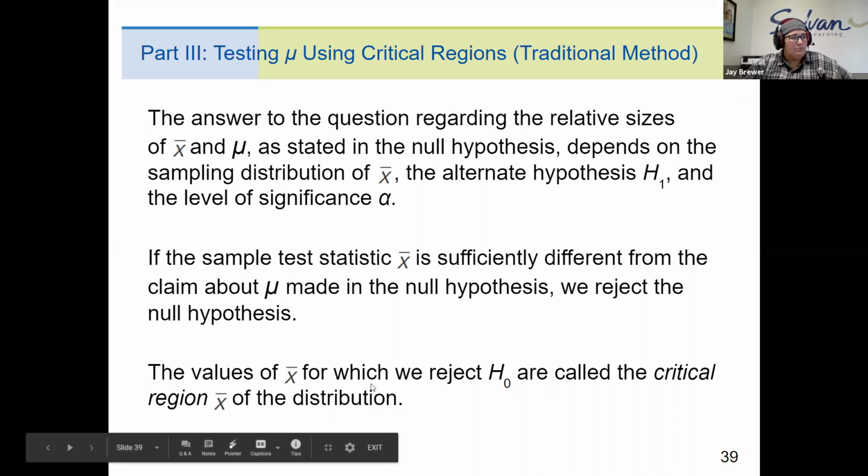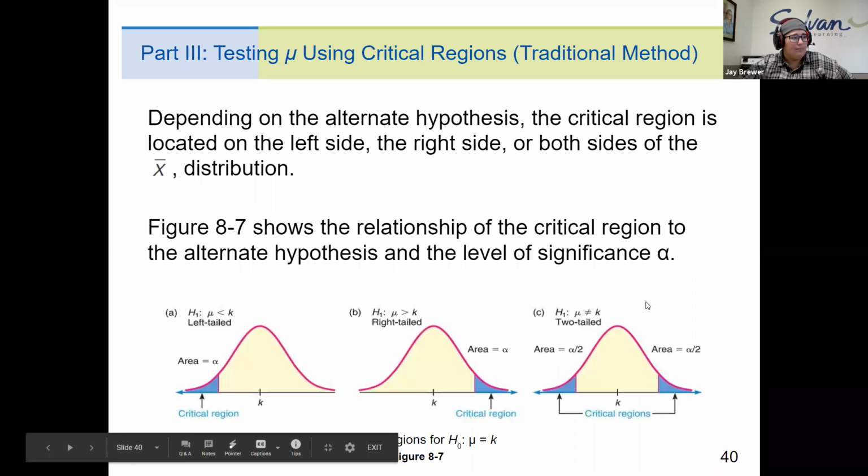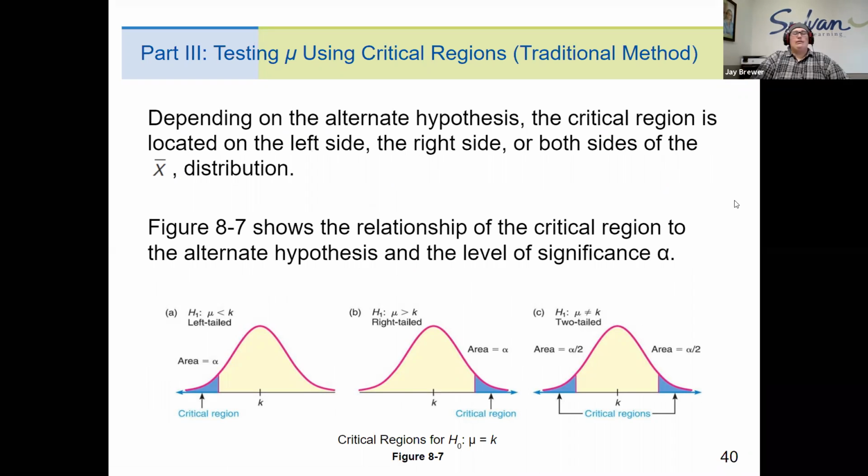The values of x bar for which we reject H sub 0 are called the critical region of the x bar distribution. All right, those should look kind of familiar to you. Go ahead and write them down anyway, because they are being used a little bit differently here.